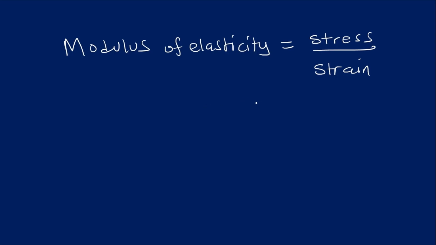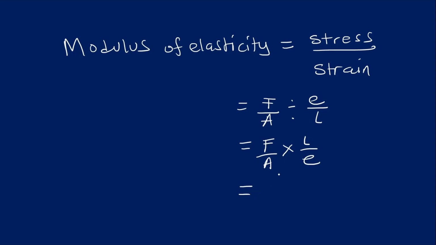And we know the stress is force over area, and we are dividing by the strain, which is extension divided by the original length. So we have force over area times the reciprocal of E over L, which is L over E. So the modulus of elasticity is going to be FL divided by AE.